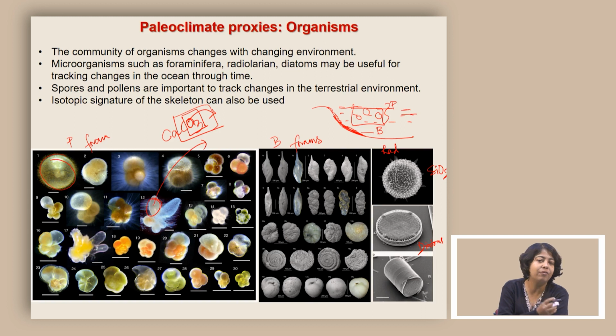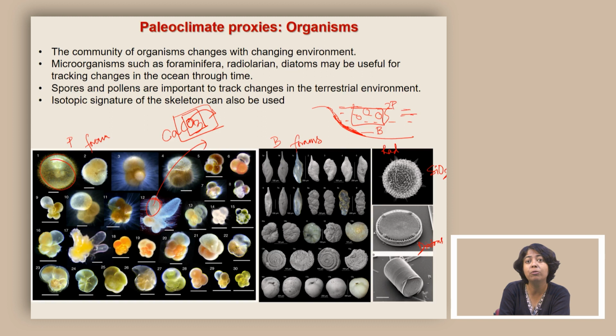They have a thick coat on top of them, often made up of complex proteins or carbohydrates, and therefore, they do not break, they get fossilized. And if you find those spores and pollens, they tell you something about the composition of the plants that were living during that time on the land.